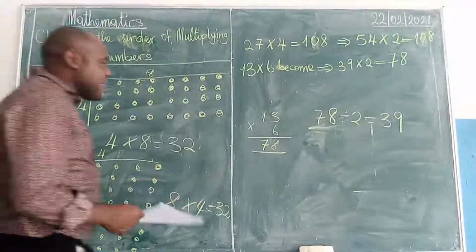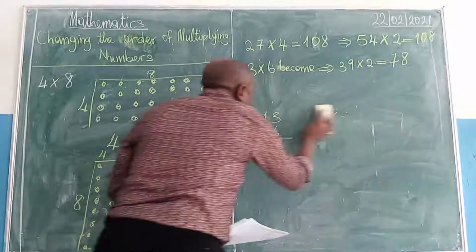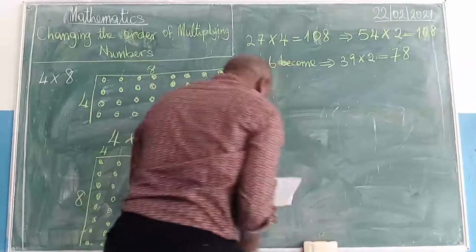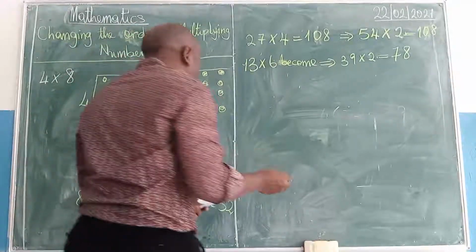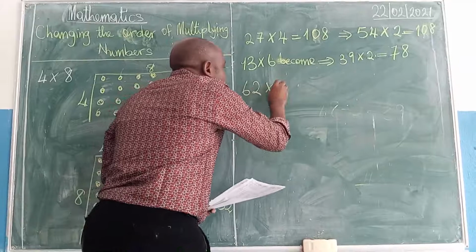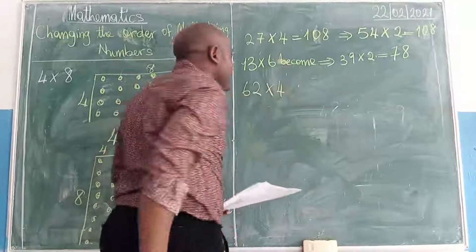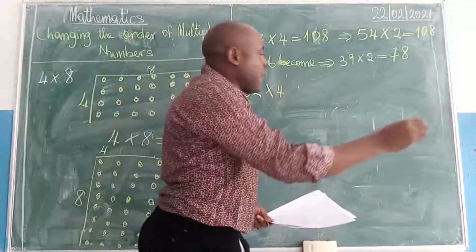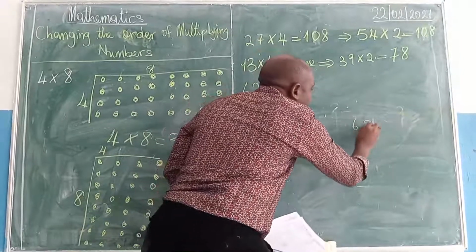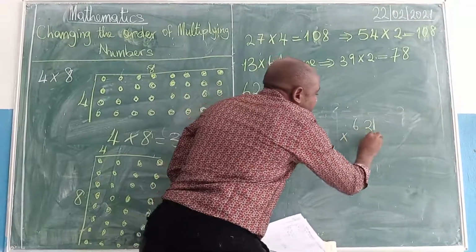Now we take the next example. 62 times 4. Again, we use our method that we learned in class. 62 times 4.